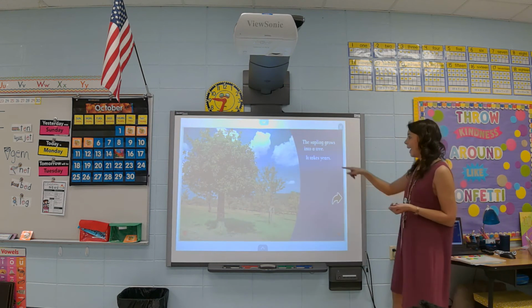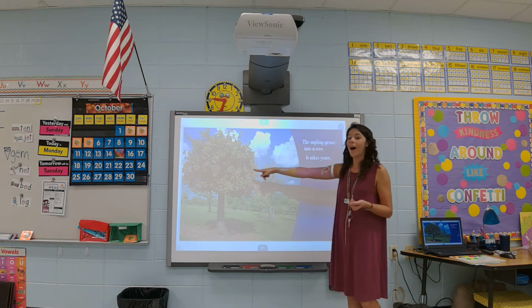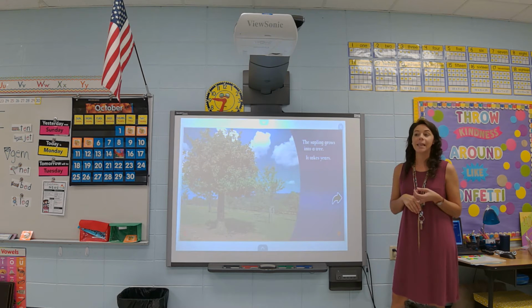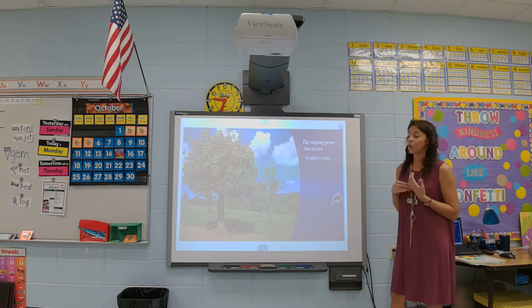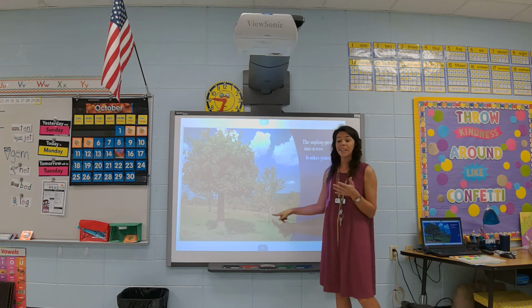All right, then the sapling grows into a tree, but it takes years. So it probably took this little plant 6 years to grow, and that's how old you guys are right now, right? 6 years old.